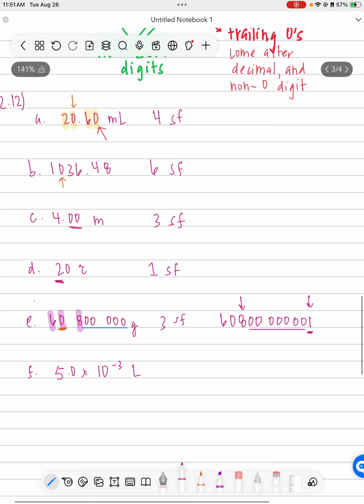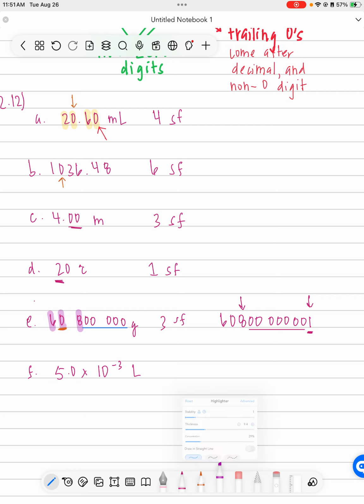Okay, let's look at one that's in scientific notation. These can get a little bit confusing, right? There's a couple of ways to look at this. Let's talk about what isn't significant in scientific notation.